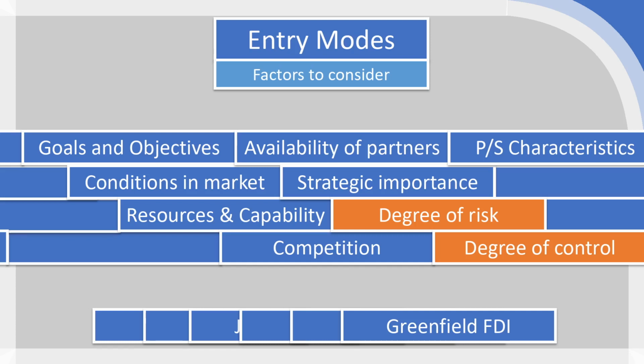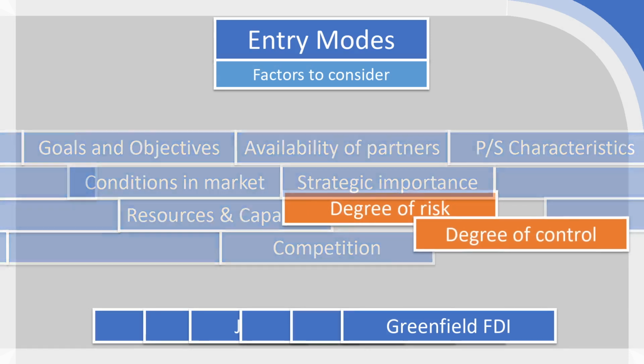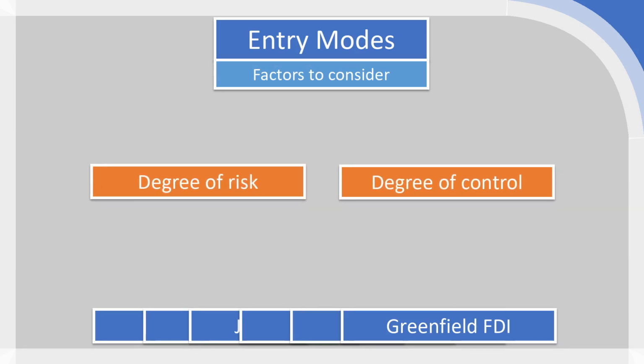So that's the way we're going to be organizing and moving through the entry modes. And that's because there is always going to be a payoff between these 2. Generally speaking, they are proportionally related. So the greater the degree of control that we want over our operation, then that is usually accompanied by an increased degree of risk as well.